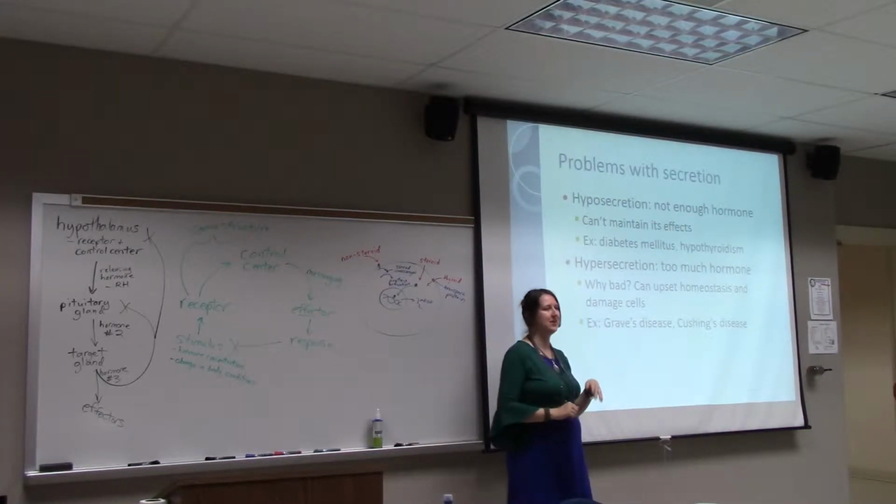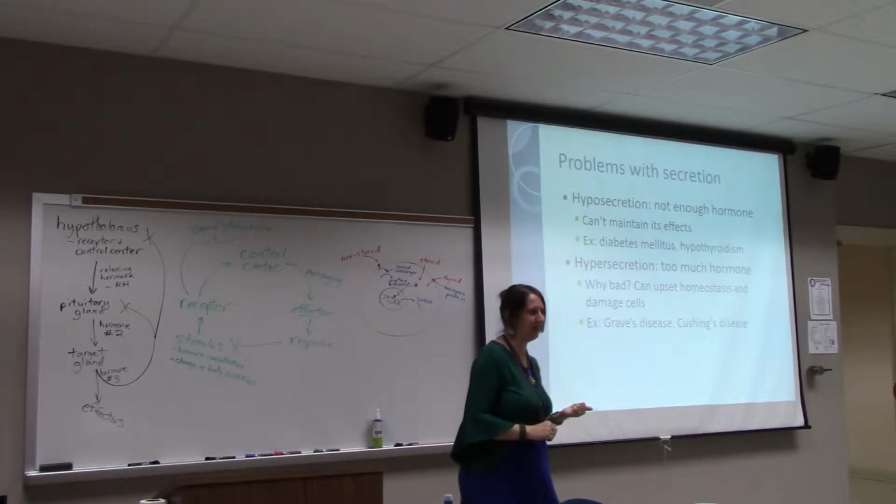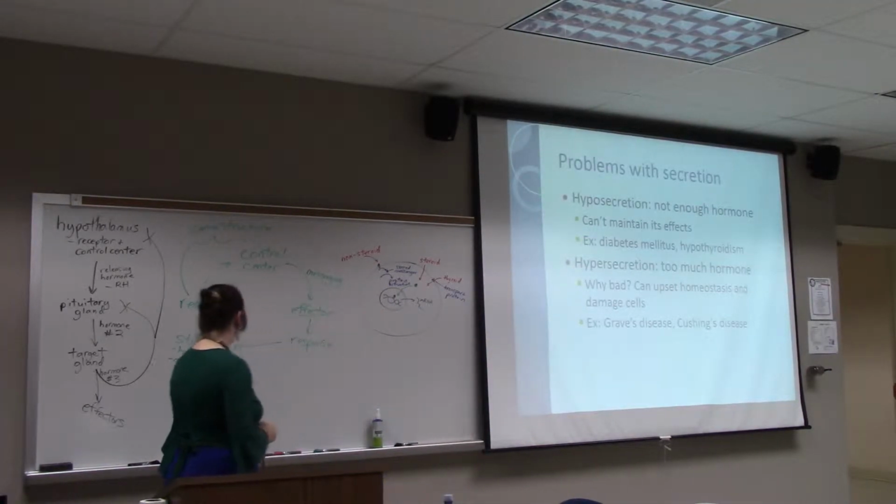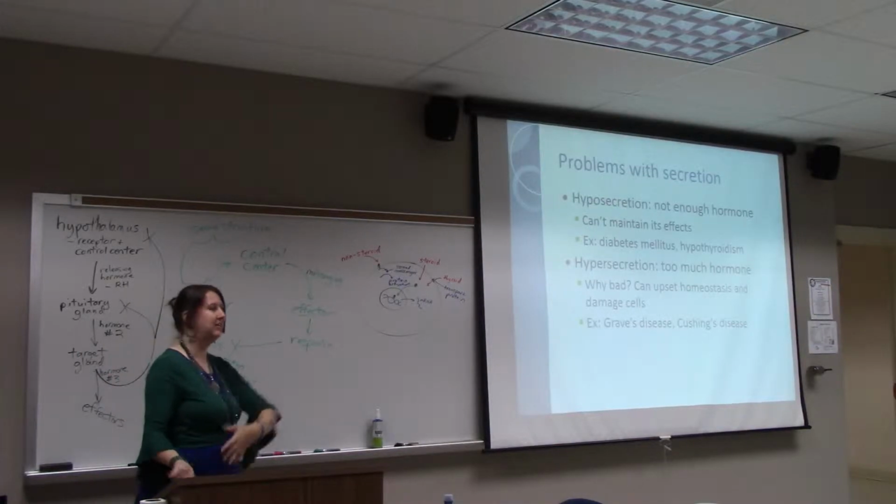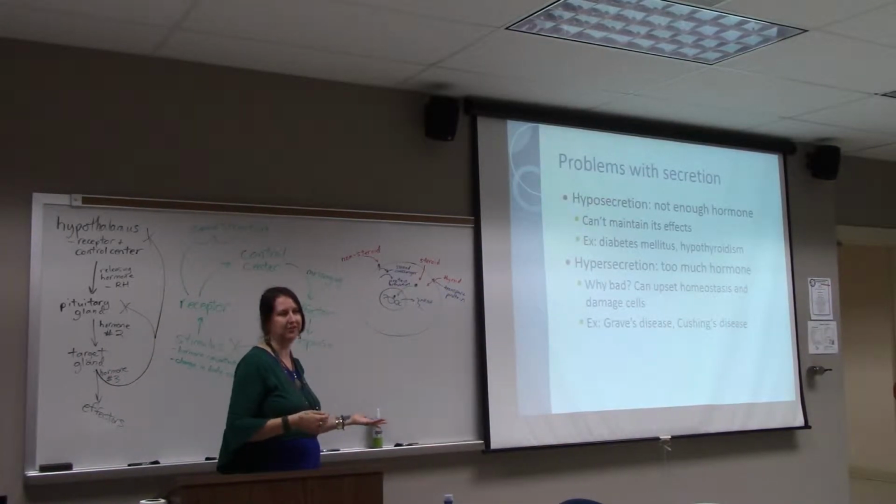There's 2 reasons this can be bad. One is that it upsets homeostasis. So you overdo it trying to fix the stimulus and you send things off in the wrong direction.